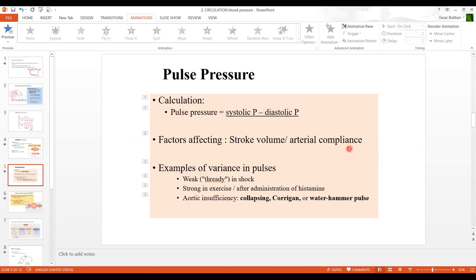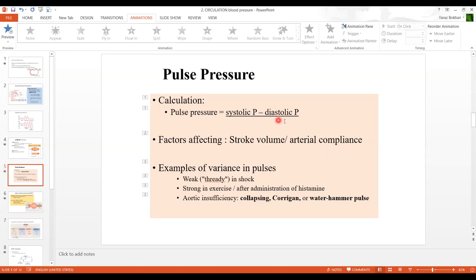You can also mention compliance, because again, it will take you to the first lecture. Compliance means accommodation of blood in a vessel. Resistance means the opposite, decreased accommodation of blood inside a vessel is called resistance. You increase the resistance, you decrease the compliance.